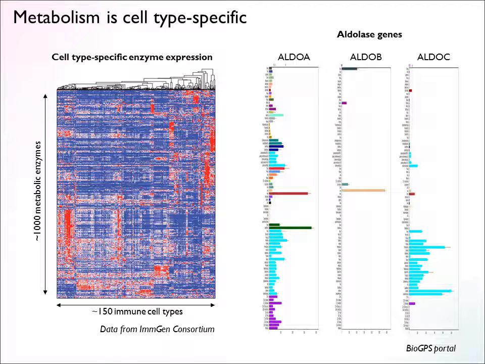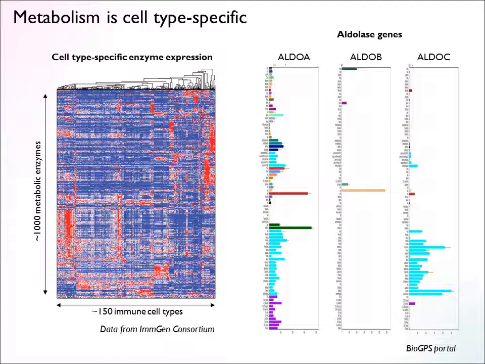If you look at genes a bit more in detail, if you look at isoforms of a particular enzyme across tissues, like to the right is an example of aldolase, you realize that there are specific versions of enzymes that specialize in particular tissues.